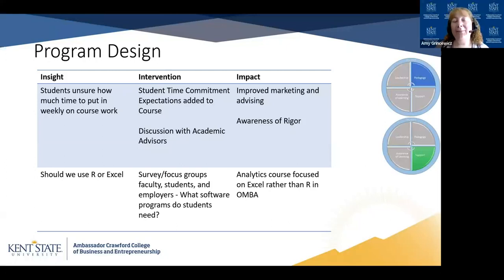But one of the great things that came out of that module survey was that students could not comprehend how much time they were supposed to spend in an 8-week, 2-credit-hour course. We've always said that for every 1 credit hour in class, you spend 3 hours outside of class studying. Well, students were having a hard time equating that to what that meant in an online environment.